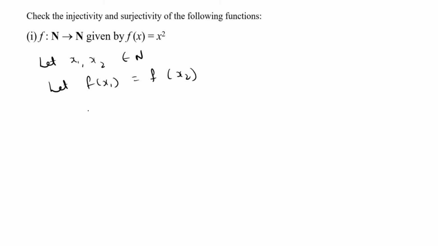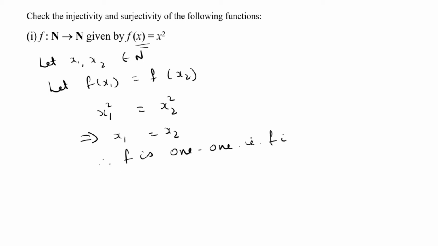So if f of x1 equals f of x2, then x1 square is equal to x2 square, since it is given f of x is equal to x square. So from this we get x1 is equal to x2. Therefore, f is 1 to 1, that is f is injective. f is 1 to 1 means f is an injective function.